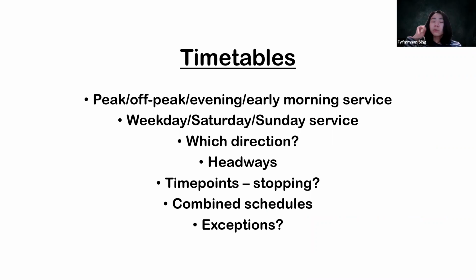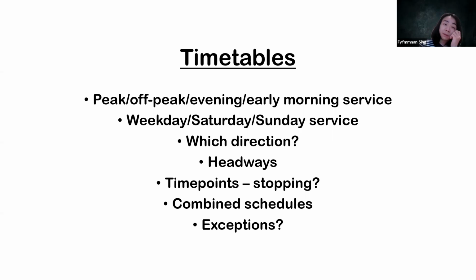So when we read timetables, we have to understand a lot of different concepts to be able to derive as much information as possible. So the first concept is the idea that there are different levels of service, which means that transit comes with different frequencies at different times of the day.